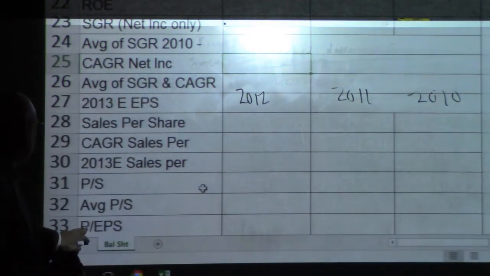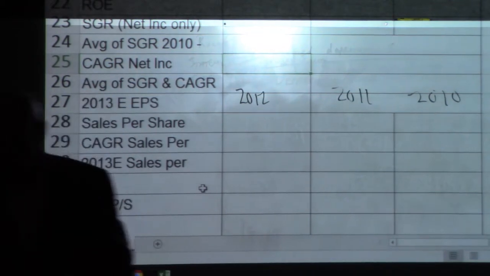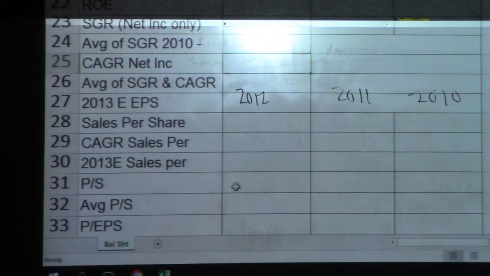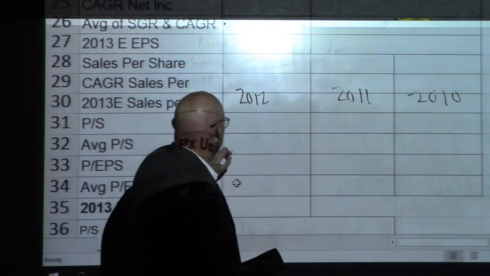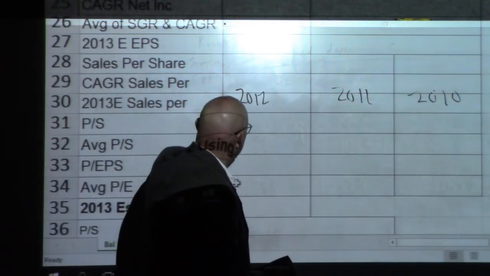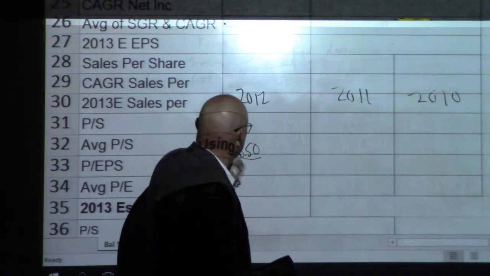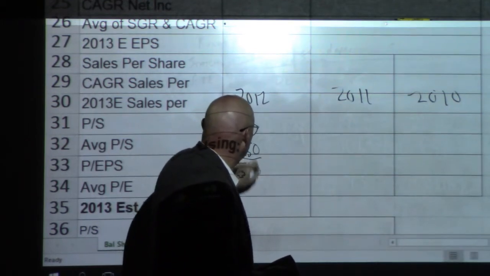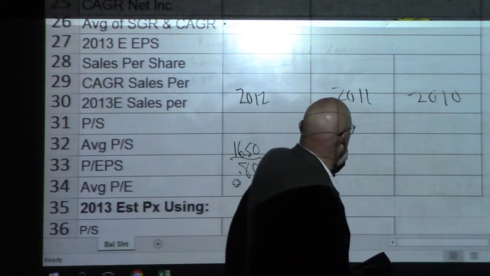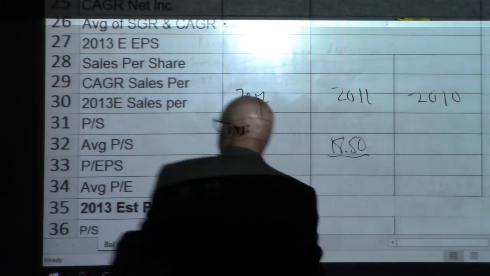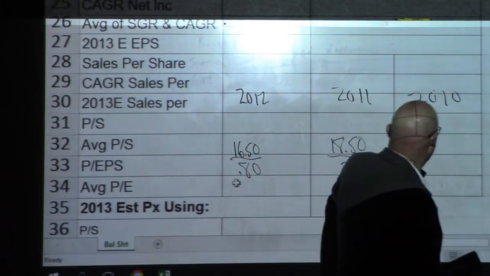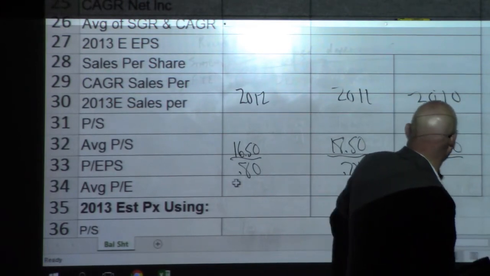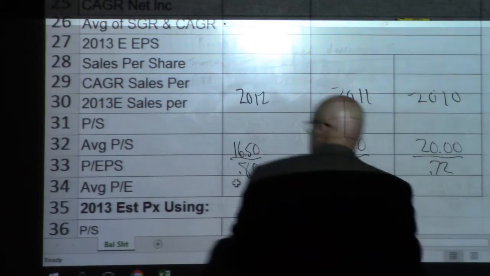So the price to earnings, let's scroll up just a little bit. Price to earnings per share. So that's 16.50 divided by 0.8, and 18.50 divided by 0.74, and $20, those are stock prices, divided by 0.72.